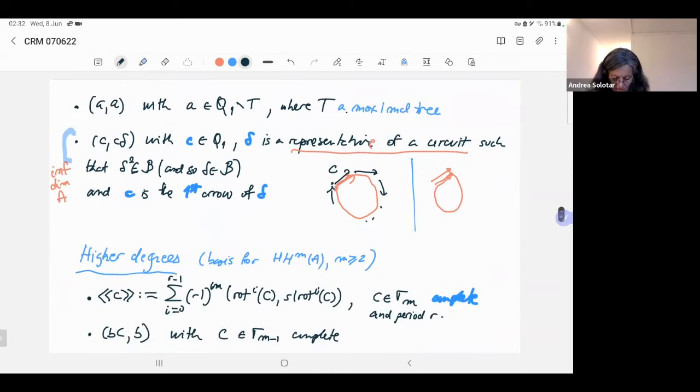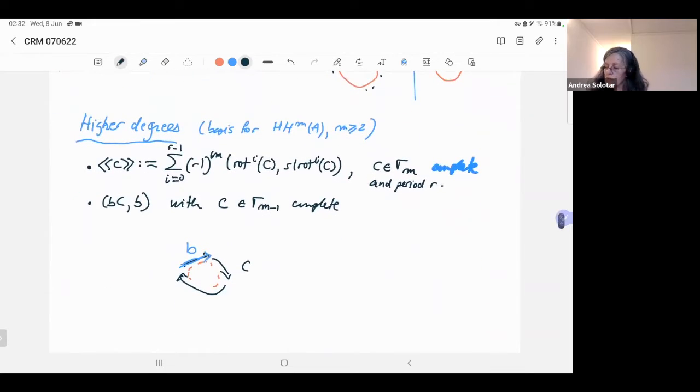And then this is for degree 1. So as you see, it can be really described in the graph. In higher degrees, there are fewer types of elements. So we are describing here the basis for HHm with m greater or equal to 2. And we have some sums that consist of rotations of cycles C that are full of relations. They have period r, and this is indexed in the sum.